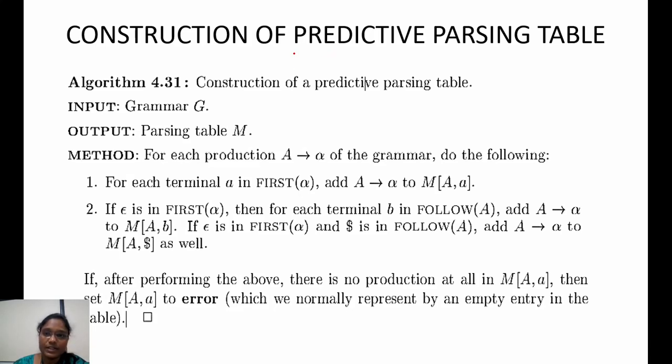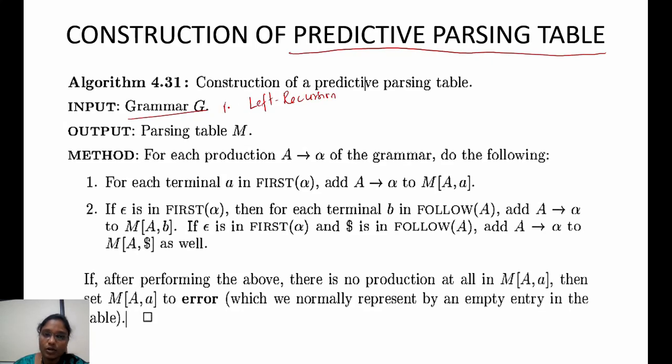How this predictive parsing table is constructed is based on the first and follow functions that we found. I hope you know how to construct the first and follow functions. For constructing the predictive parsing table, we need a grammar, and the requirement for top-down parsing is that it should not be left recursive. If the grammar has left recursion, that has to be removed.